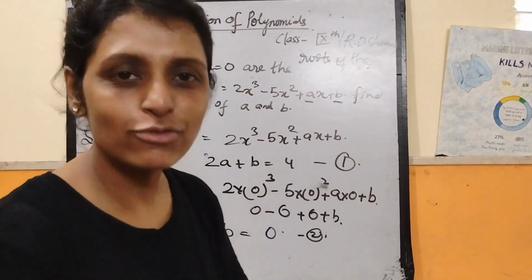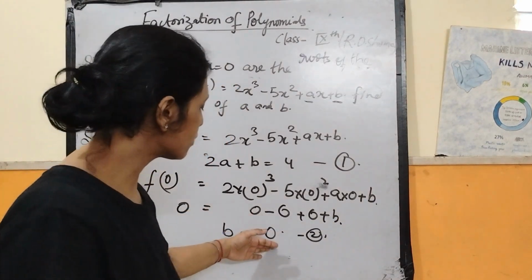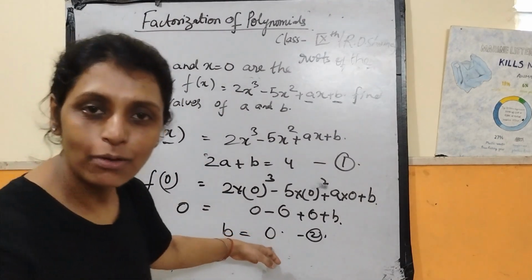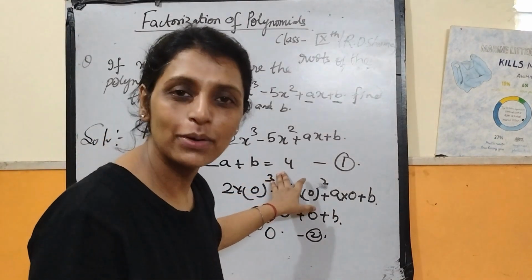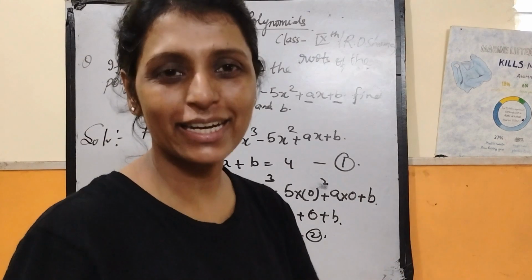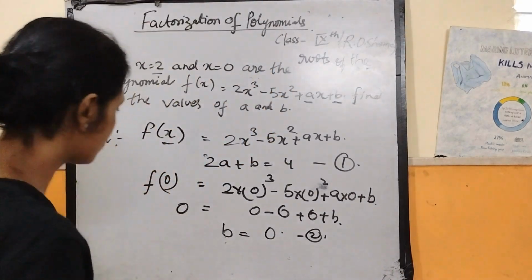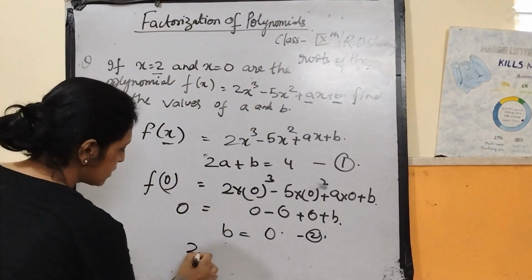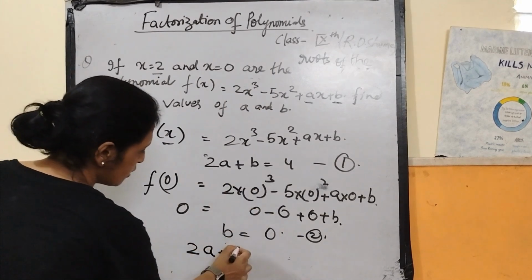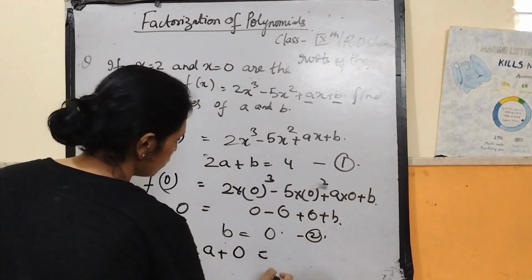Now what we have to do? Just substitute the value of b in equation number 1, and in that way we will get the value of a also. So let's see. It's 2a plus 0 is equal to 4.